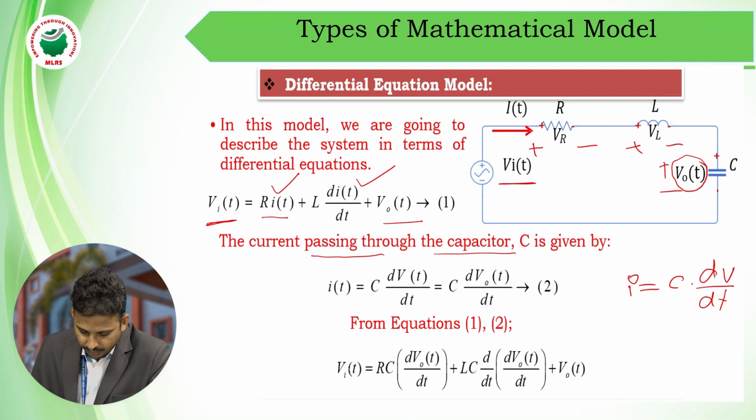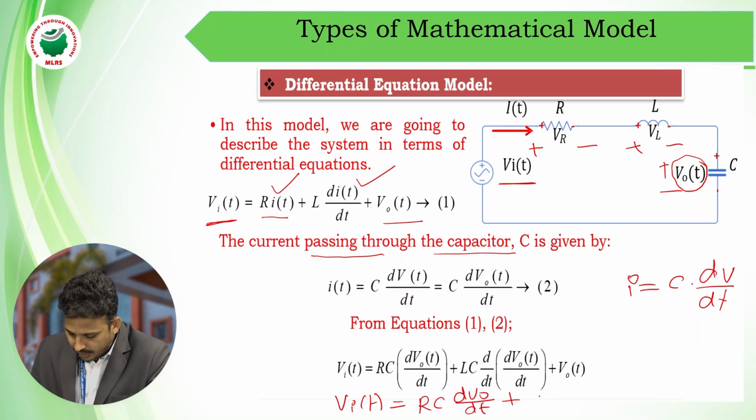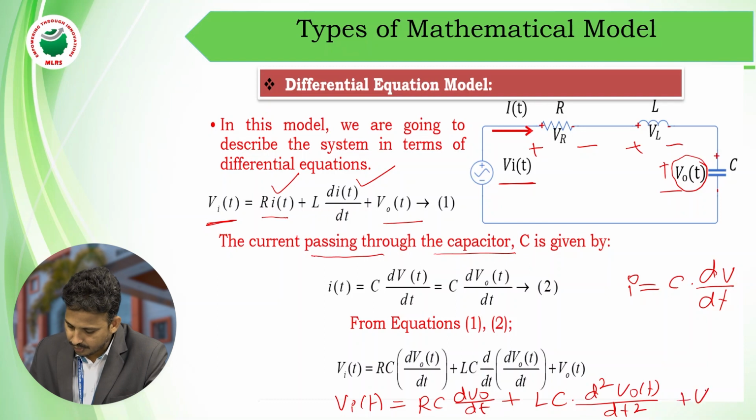Then I will get vi of t equal to RC into dv naught by dt plus LC into d square v naught of t by dt square plus v naught of t.